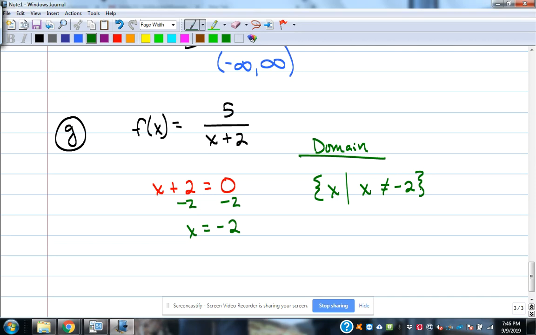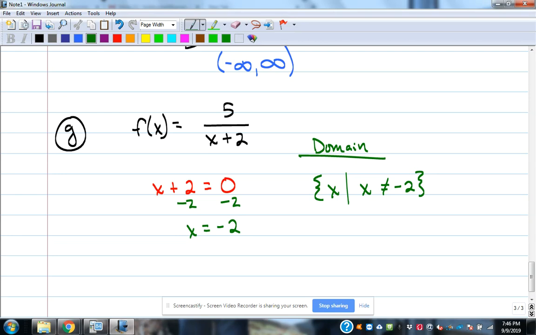When we solved that, we said, okay, when x is negative 2, that's when the bottom part is going to be 0. So that's the number we can't have. Okay, we're going to use every number except for negative 2. That's how you write that in set builder notation.